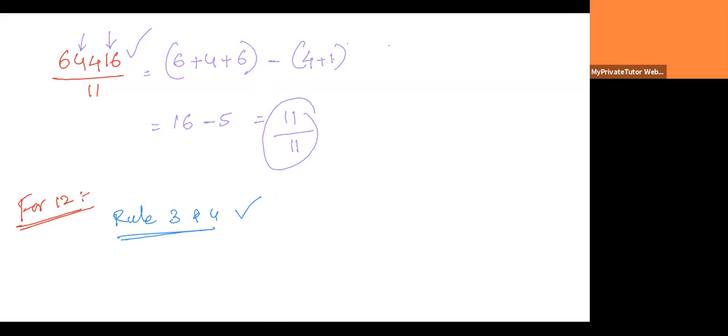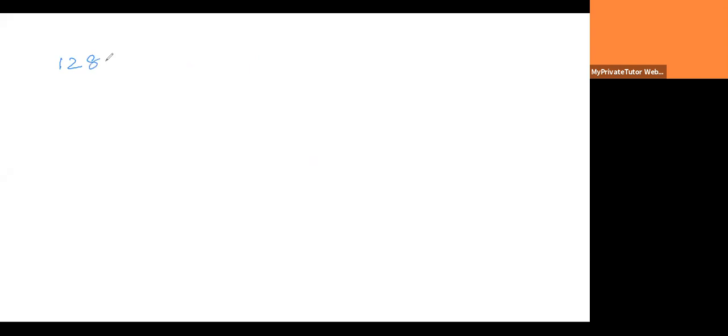Okay, let's try some questions in this. If a number is divisible by 12, then it has to be divisible by both 3 and 4. So you're going to check whether this is divisible by 3. What you do, you're going to add, isn't it?